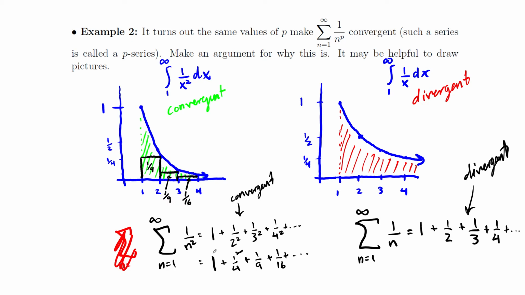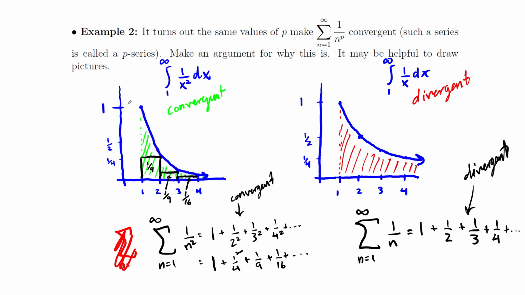Now, I'm excluding the 1 here, but can we agree that the total area of all these rectangles is going to be less than the total area in green? And since we know the total area in green is finite, that means the areas of all these little rectangles have to be finite. All right, and you say, well, you left one out.